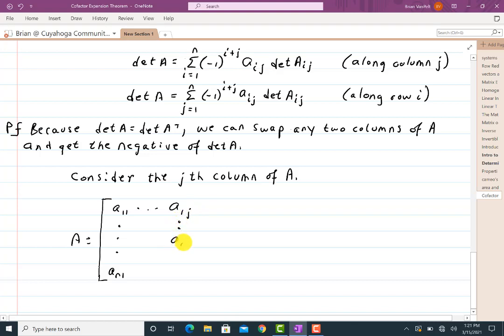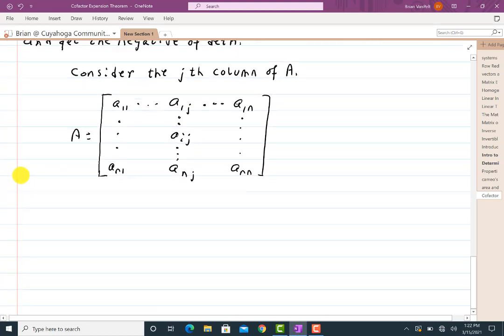I want to throw in here my aij. We may be making use of it. anj. And then finally we end off this row a1n down to ann. I just want column j highlighted for our purposes.